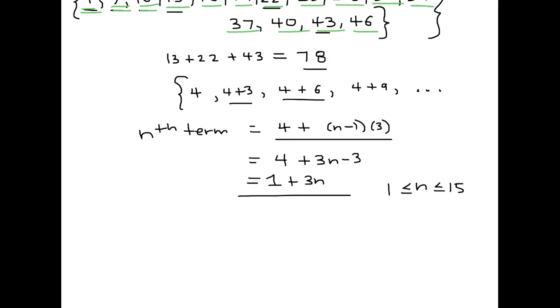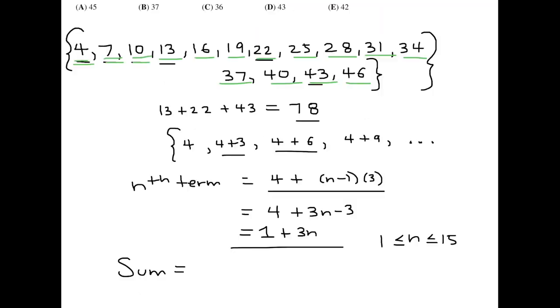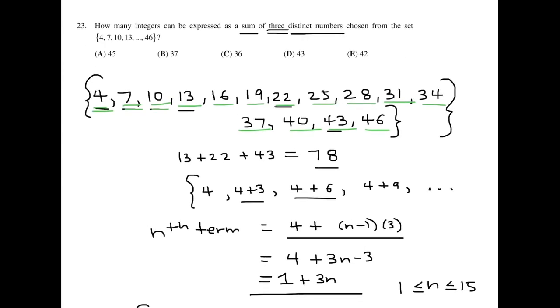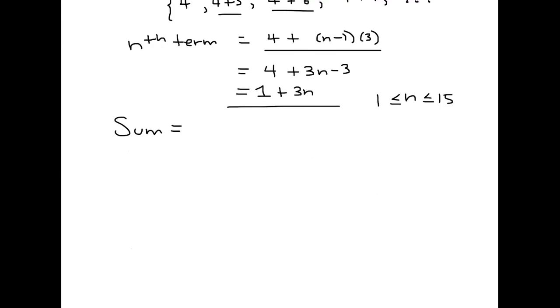Okay? So now, we want to create the sum, according to the question, of 3 elements in the set. If you look back at the question, we want the sum of 3 distinct numbers chosen from the set. So we want the sum as follows. The nth term, so we want 1 plus 3n, that represents one term, but it's a different distinct term, so I'll just label it nA.